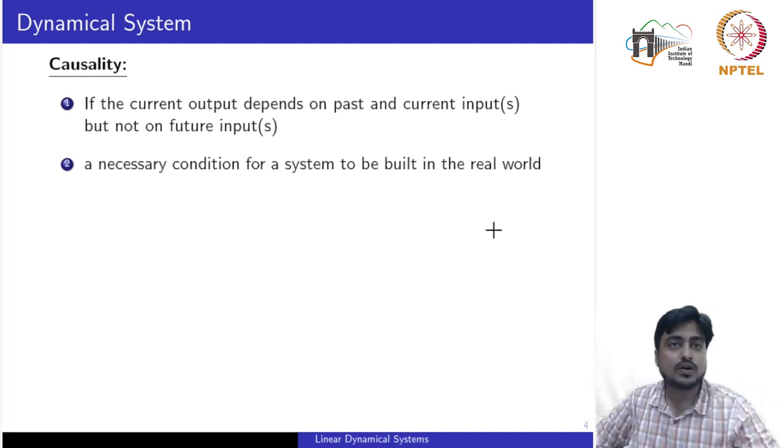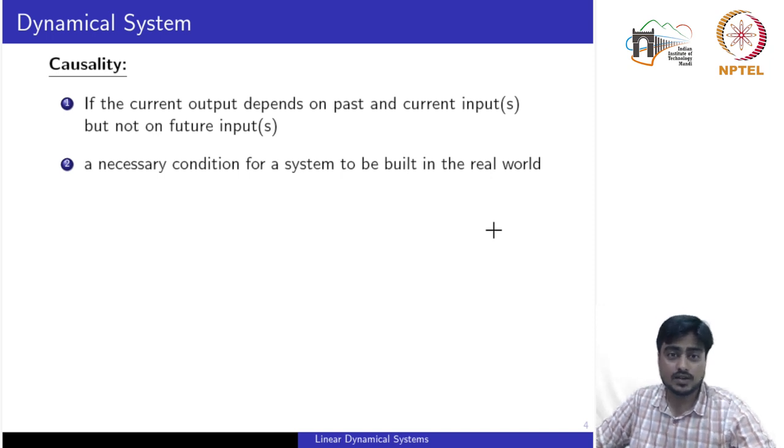So one of the most important properties of the dynamical system is causality. We define causality in the sense that if the current output depends on the past and current inputs but not on the future inputs, we say that the system is causal. Now causality is basically a necessary condition for any system to be built or physically implementable or realizable in the real world.